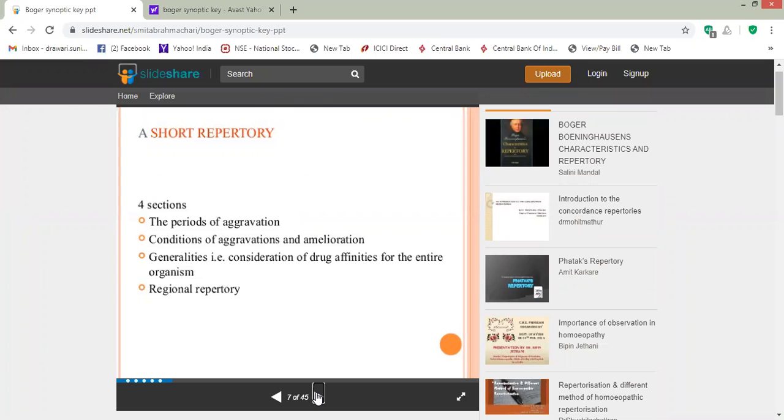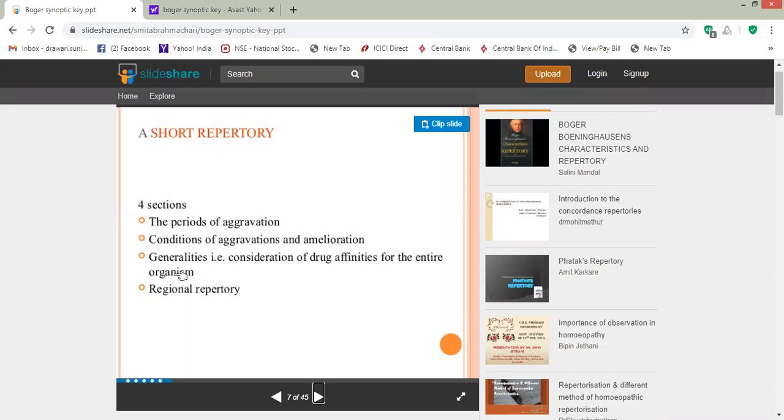The first section in this part 1, analysis, is the periods of aggravation, then conditions of aggravation and amelioration, then generalities, that is consideration of drug affinities for the entire organism, then regional repertory. So in this way, there are four sections in part 1 of this book, that is analysis.